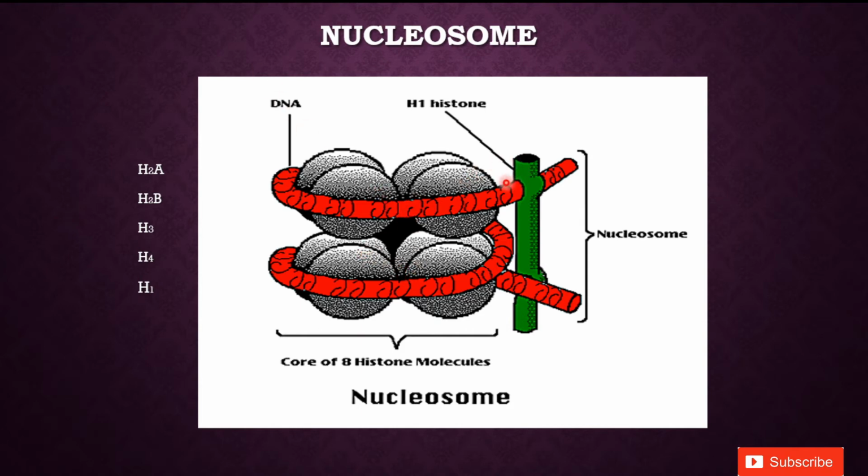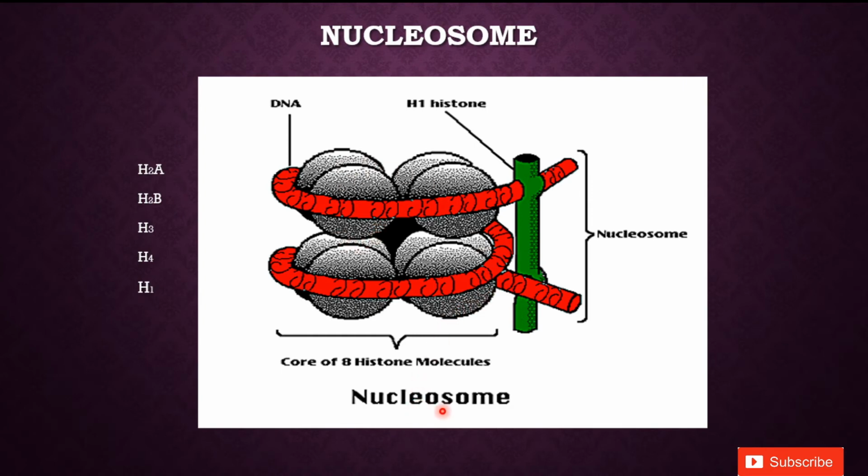So DNA wraps this octamer, as it is negatively charged, it wraps the octamer. This type of structure, when DNA wraps the octamer, that structure is called a nucleosome.